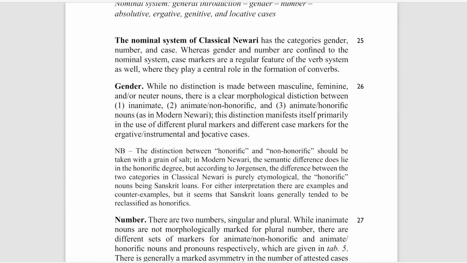And we have animate for animals and humans, like dogs, cats, a person, a minister. These are counted as animate. And we have honorific and non-honorific. So honorific often refers to a king and Buddha.